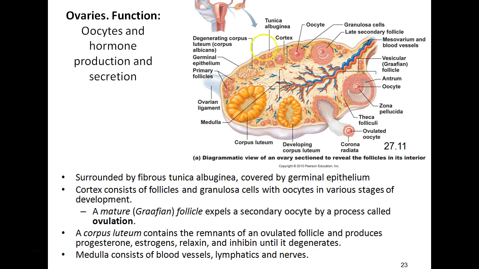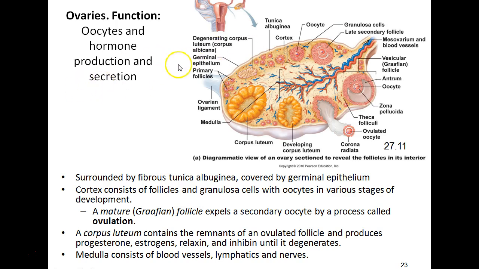We see that the outside of this ovary is surrounded by a fibrous tunica albuginea, and that's going to be covered by germinal epithelium. The germinal epithelium is getting its name where former anatomists believed that the eggs originally originated from. We will see otherwise here shortly.